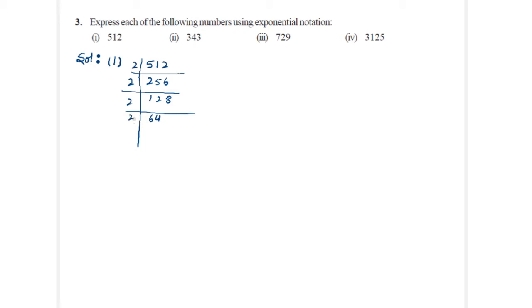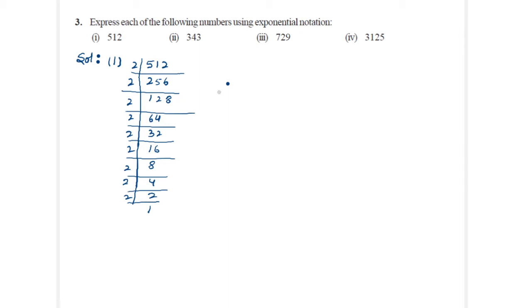Again divided by 2, we will get 32. Again divided by 2, we will get 16. Again divided by 2, we will get 8. Again divided by 2, we will get 4. Again divided by 2, we will get 2. Again divided by 2, we will get 1. Here stop it.